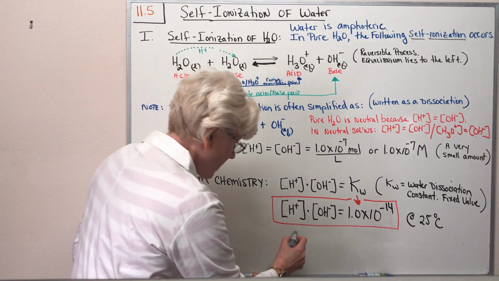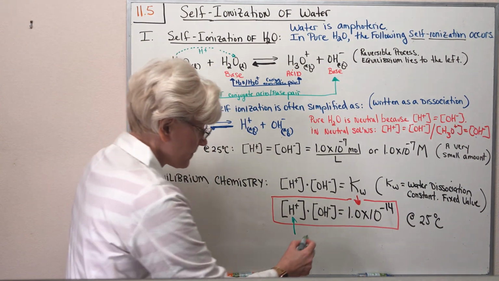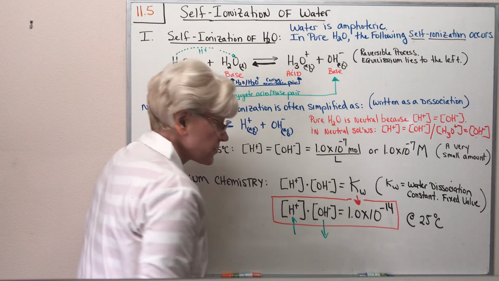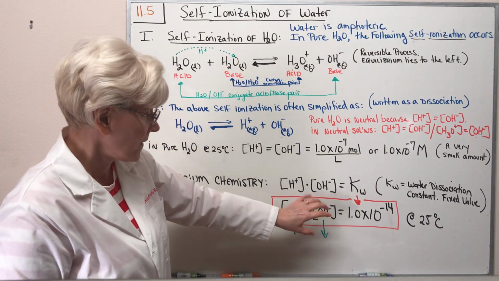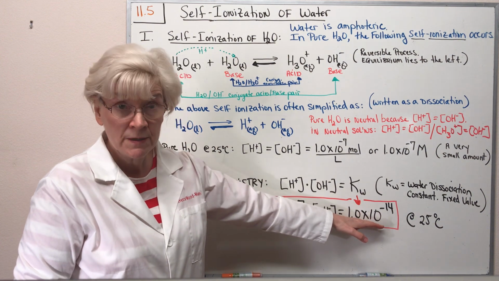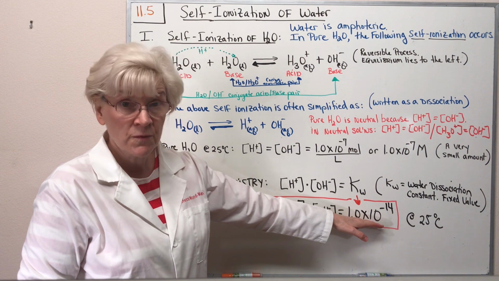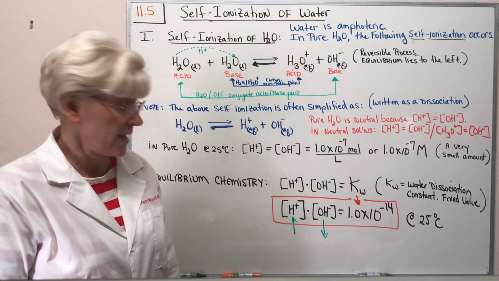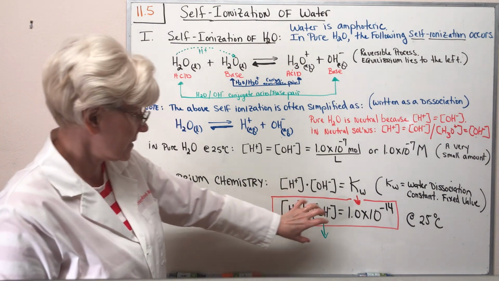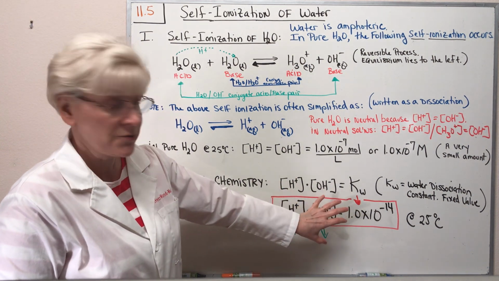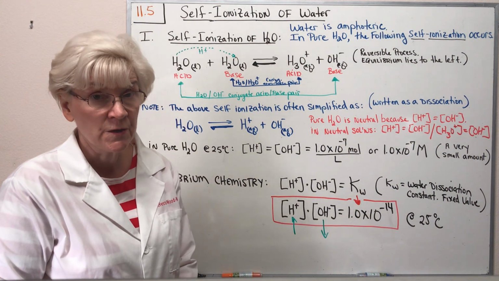We see right away that if the hydrogen ion concentration increases, the hydroxide ion concentration will have to decrease so that the product of their concentrations remains equal to the water dissociation constant for water, 1 times 10 to the minus 14. So if one of these concentrations increases, the other one has to decrease in order to maintain equality with the Kw for water.